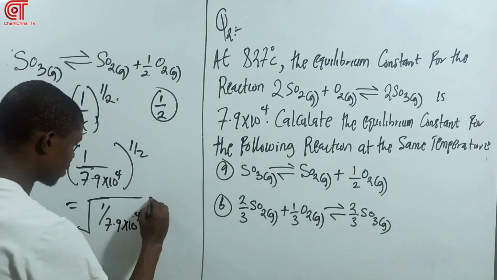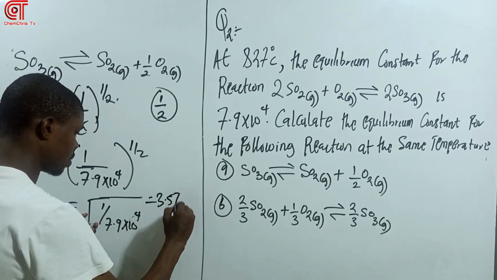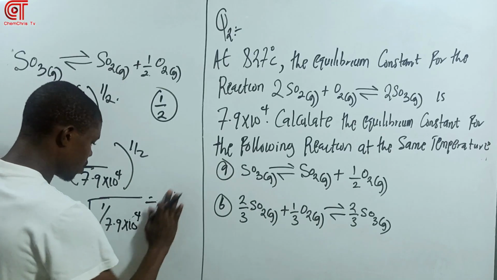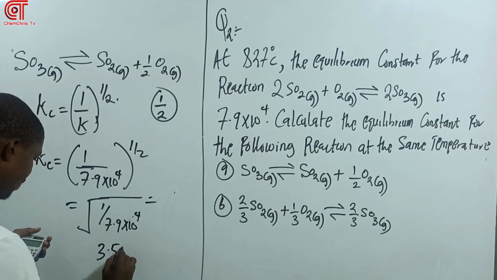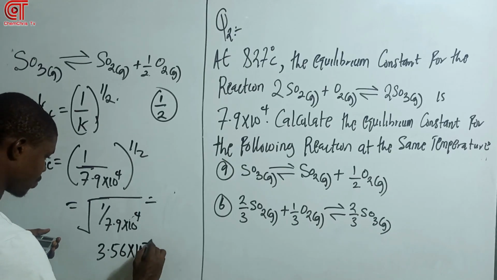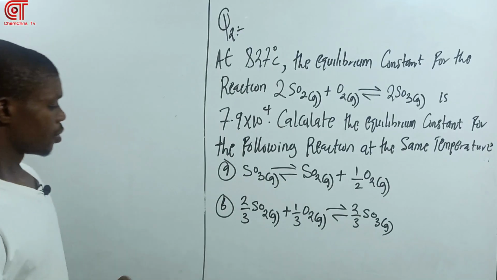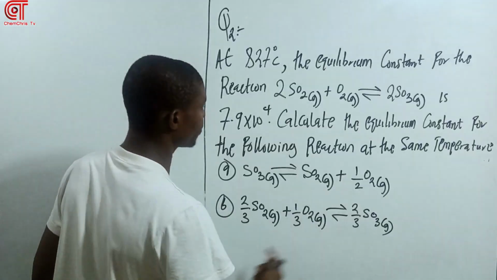So you calculate, the answer is going to be 3.56 exponential minus 3. So now let's look at the second one. What I want to do here is copy it out.